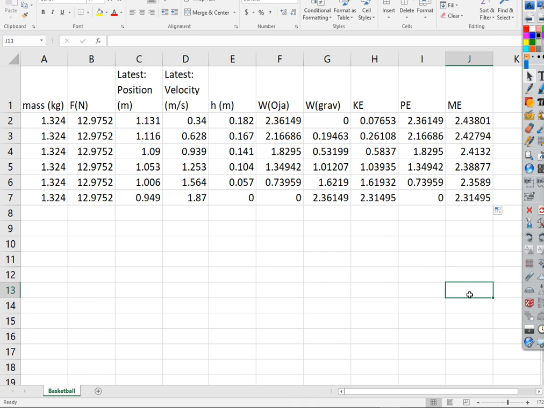Is this just crappy equipment, or does it make sense that the total mechanical energy is actually decreasing a little bit? Can you explain that? Okay, yeah. Because there is some work being done against the ball by air resistance, right? If we did this in a vacuum, those should be exactly the same every time, right? But so what's the result of that?